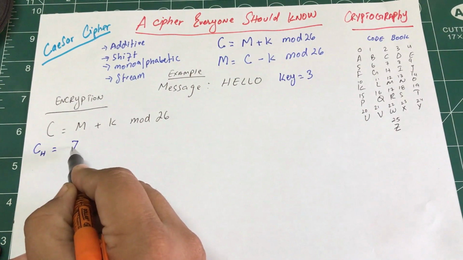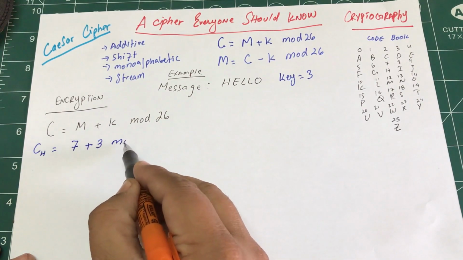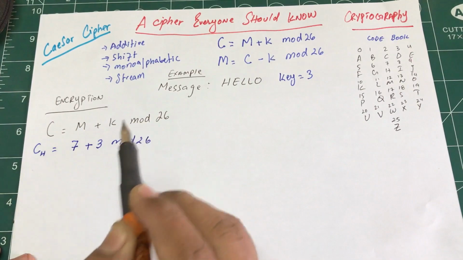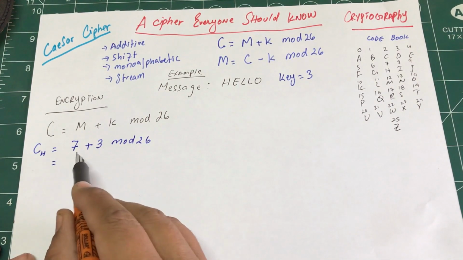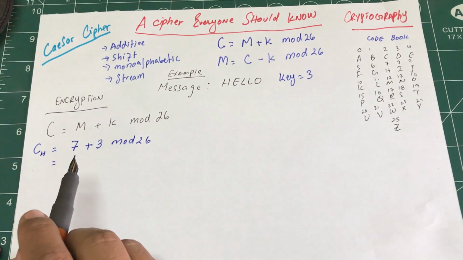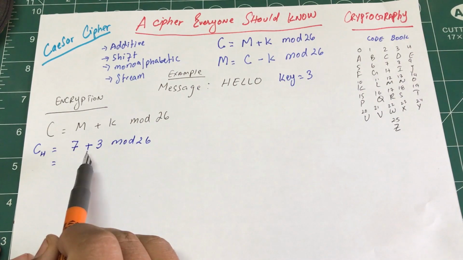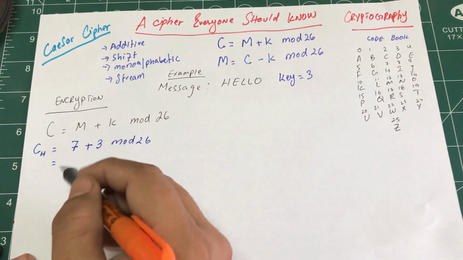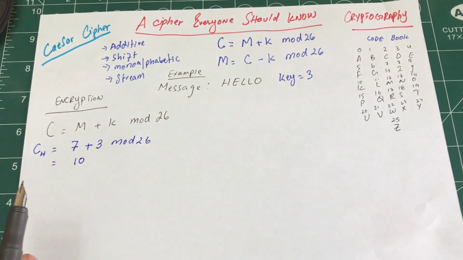H has a value of 7, my key is 3, mod 26. 7 plus 3 is 10, mod 26. If my modulus is bigger and the number I'm taking the mod of is smaller, I get the same number. So this is 10.